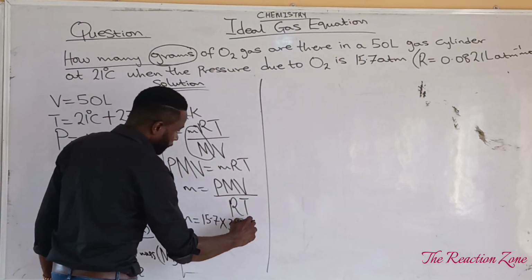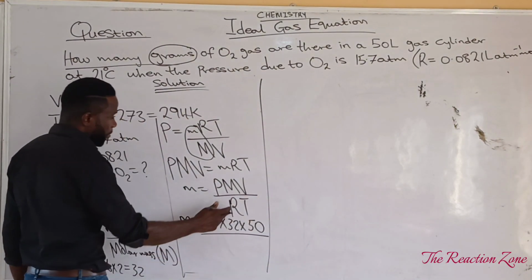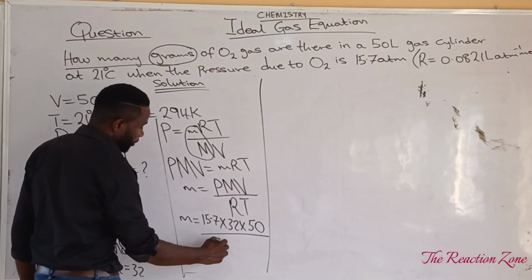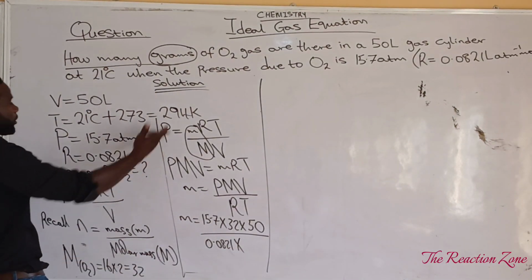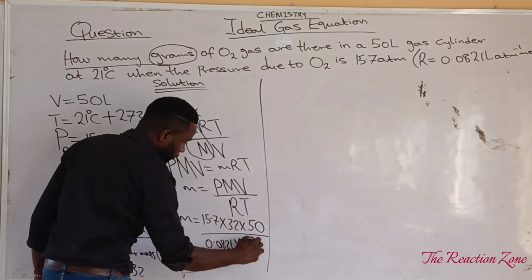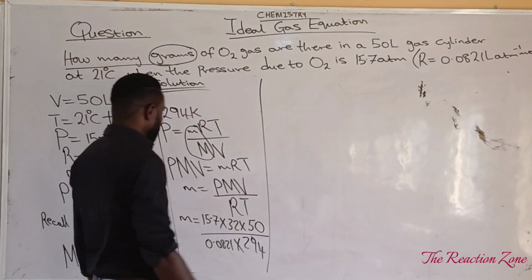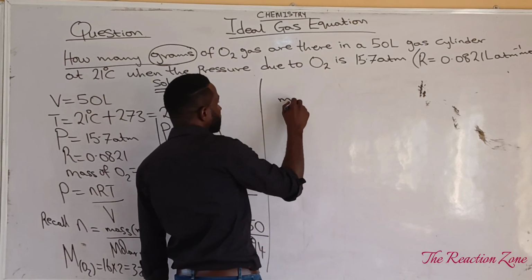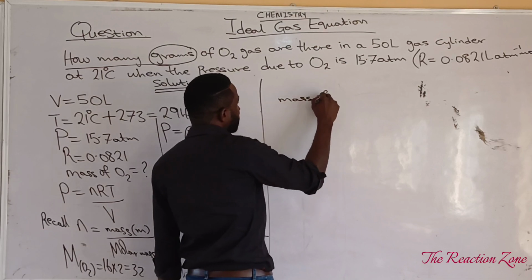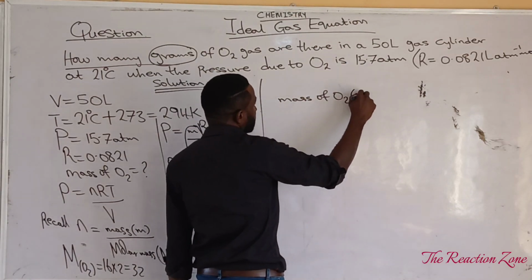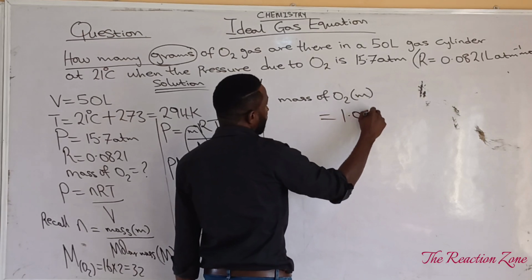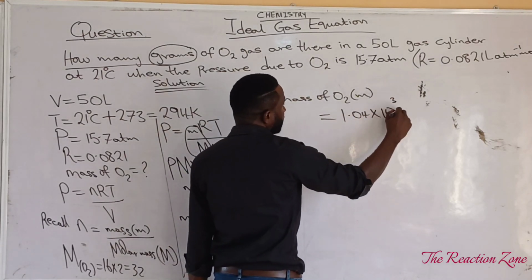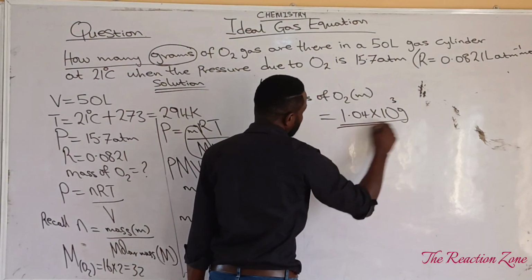Volume is 50 over molar gas constant, which is 0.0821, and the temperature in Kelvin is 294. So when you solve for this, the mass of oxygen, which is small letter m, is going to give us 1.04 times 10 raised to the power 3 grams.